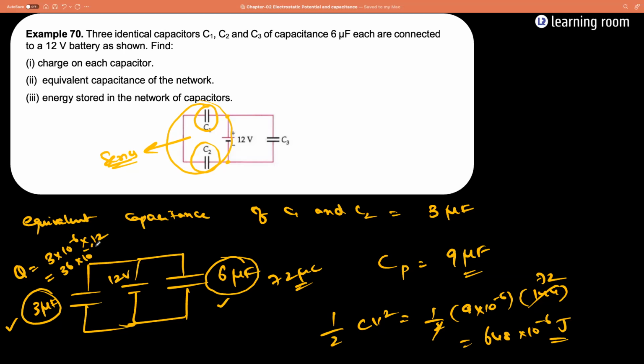This is the charge on C1 and C2. That will be the charge, no? Because that is the total charge supplied by the battery to both capacitors, which are in series.